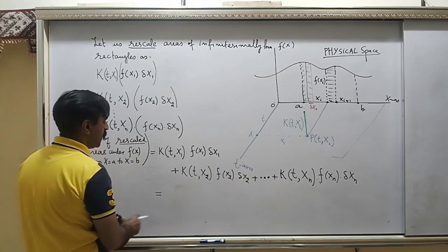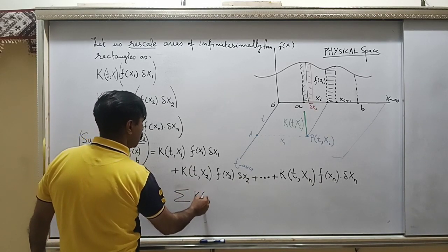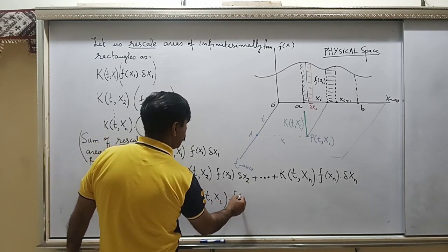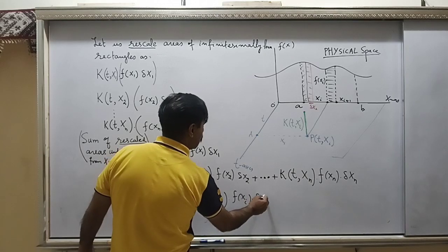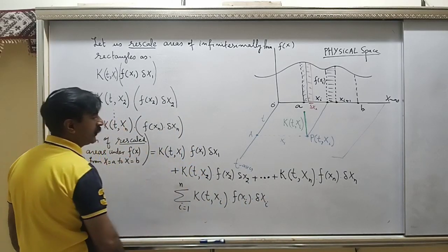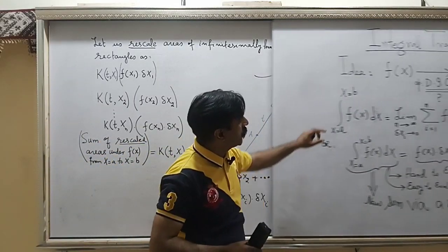Not in the first place, let's write the sum. This is the sum of k txi into fxi into delta xi, and i is from 1 to n, and this is the same n as in the previous definition.